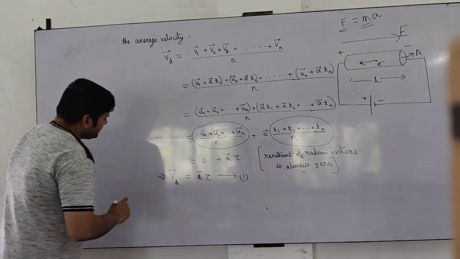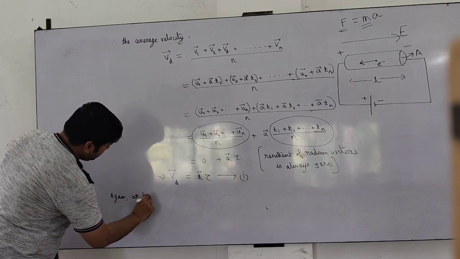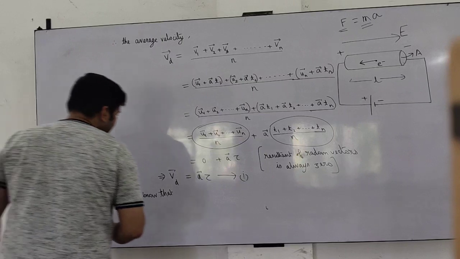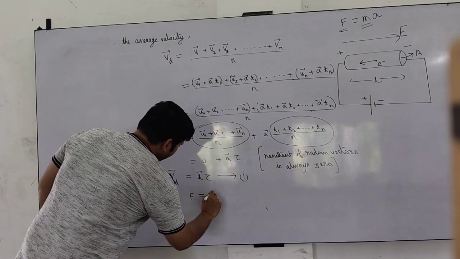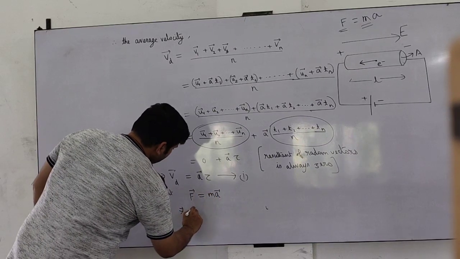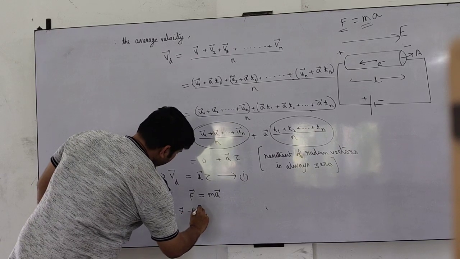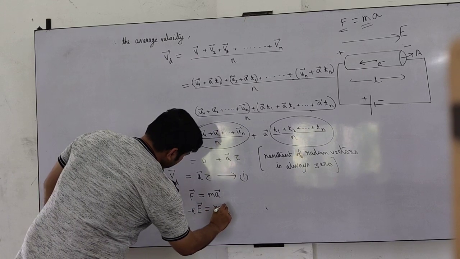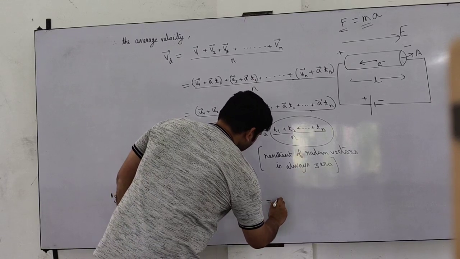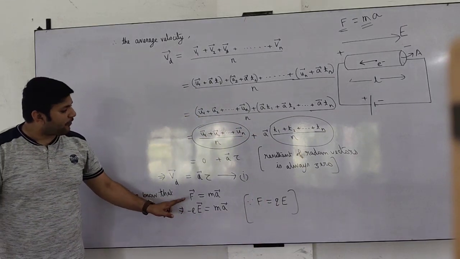Now, again we know that F is equal to m times a vector. Here F is equal to q E in vector form.